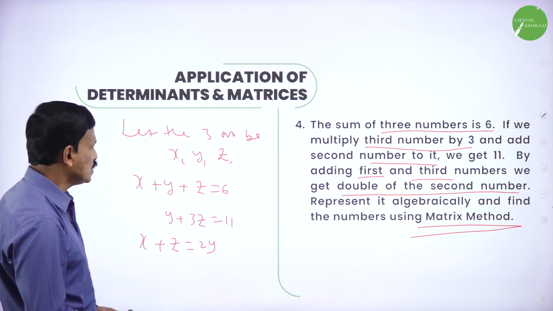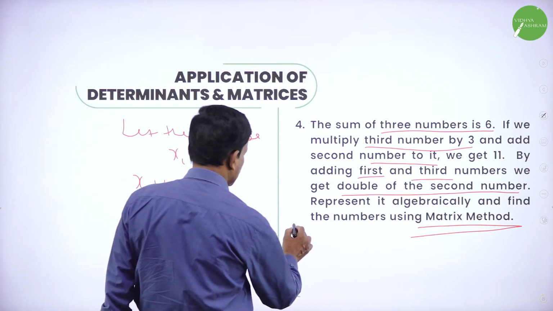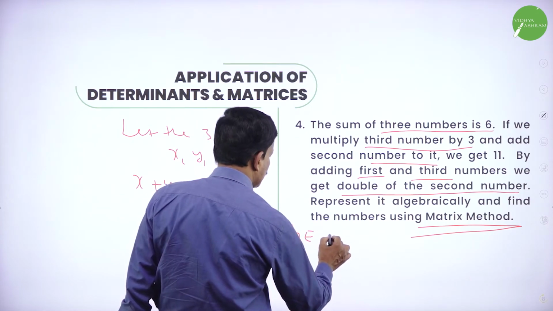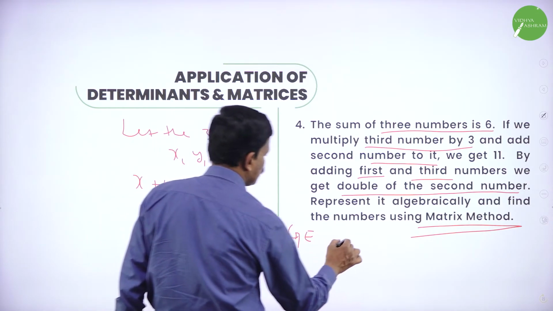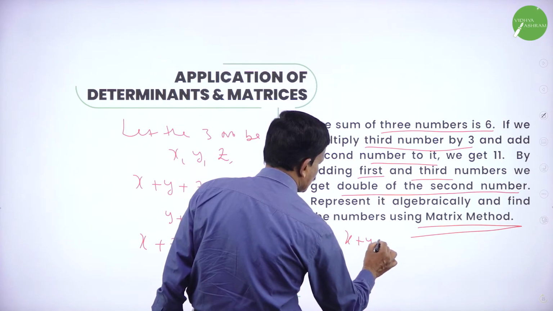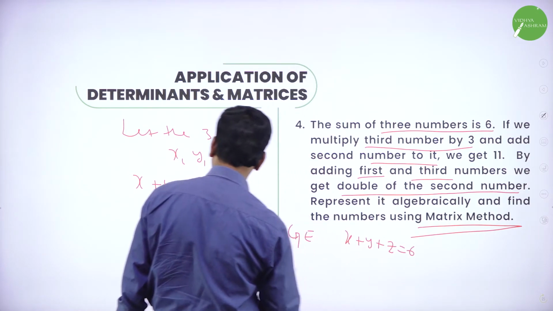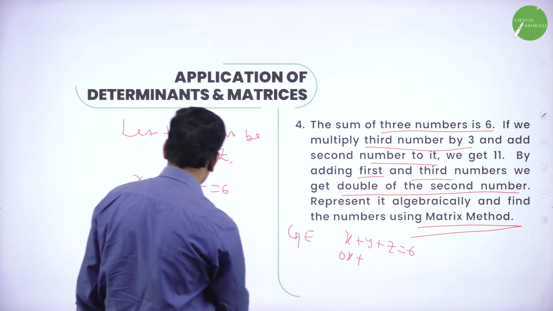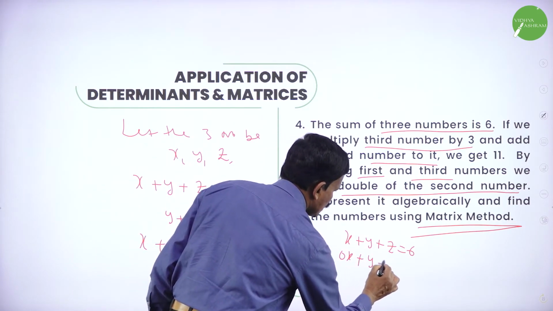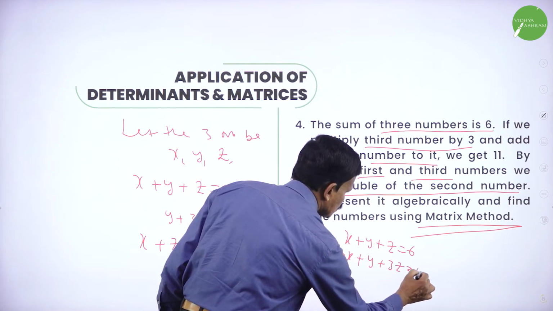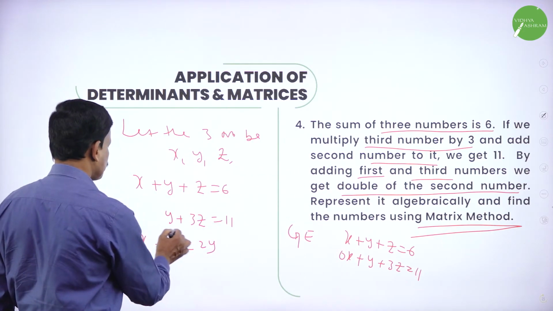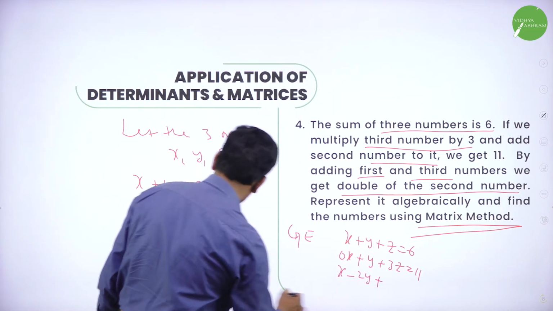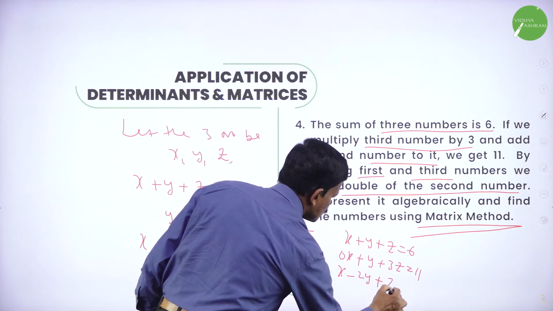So therefore, this given equation can be written in this form. The given equation is x plus y plus z is equal to 6 and no x term, so 0x plus y plus 3z is equal to 11. And transferring this 2y, x minus 2y plus z is equal to 0.